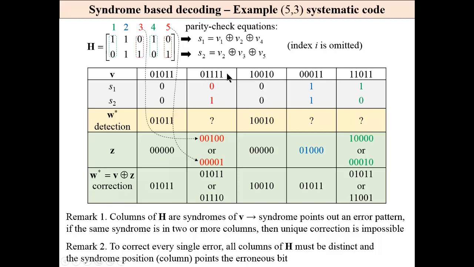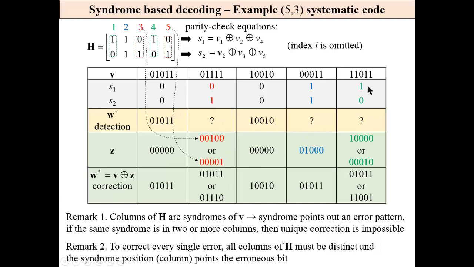For this received word, the syndrome is non-zero, so if we have only detection, we may go further and try to correct. We look at the columns of matrix H, and we can see that in 2 columns we have this syndrome, which means that it is impossible to distinguish whether the error is on the 3rd or 5th bit. And then correction is not unique.